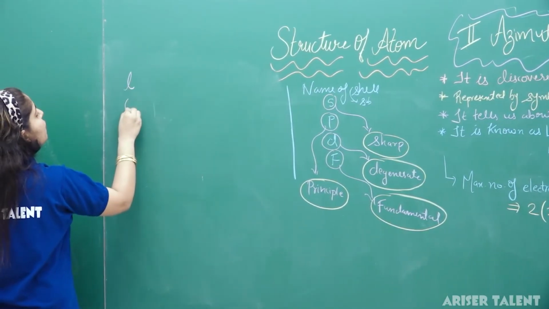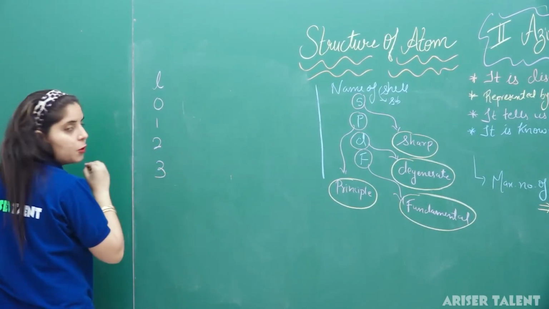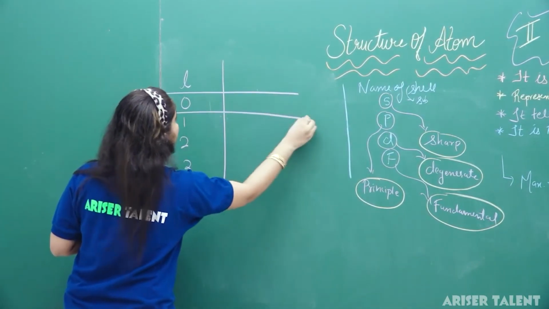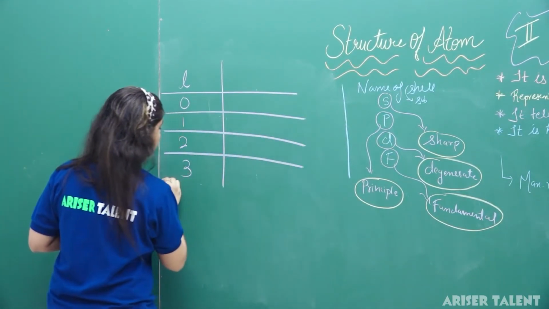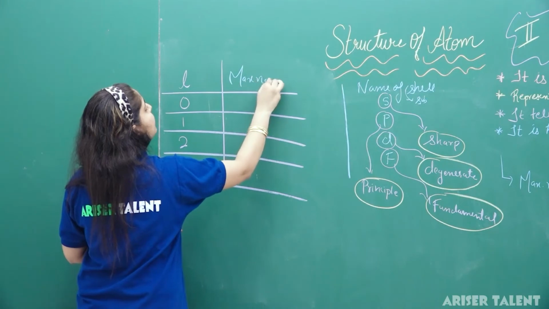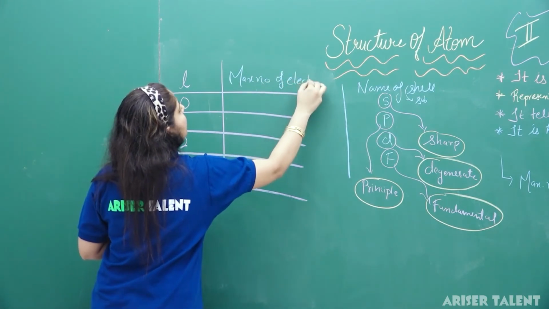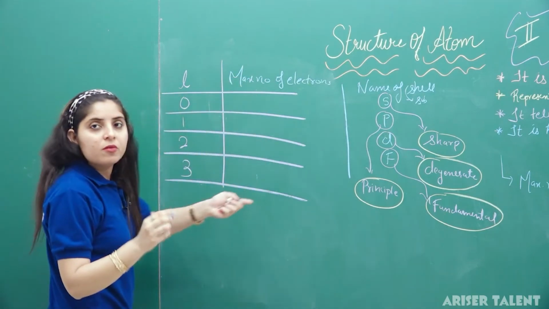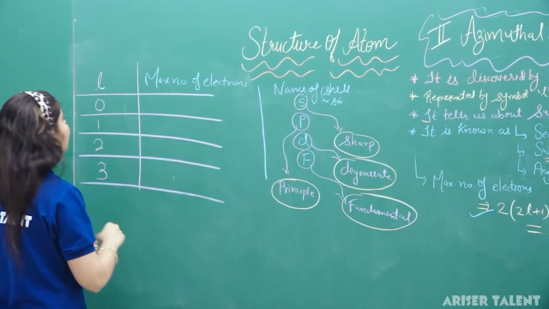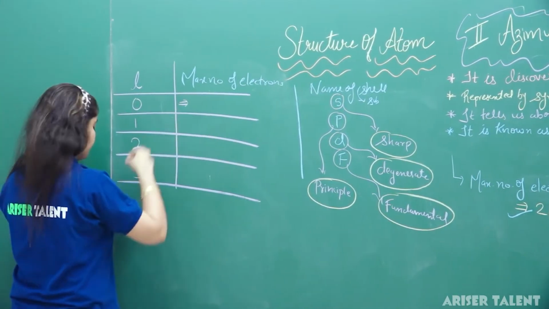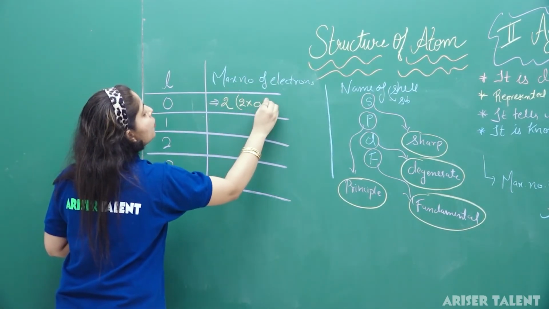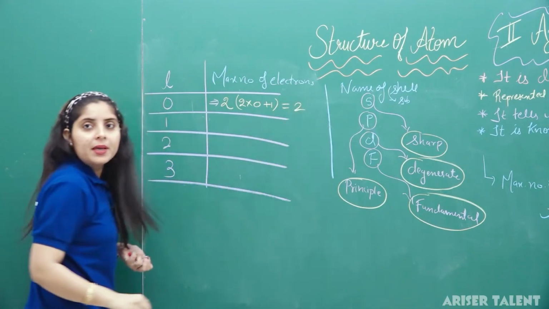Now we have different values of L, that is 0, 1, 2, 3. We will calculate this by using the general formula 2 into (2l plus 1). So for 0 we get 2 into (2 into 0 plus 1). So the maximum number of electrons will be 2.